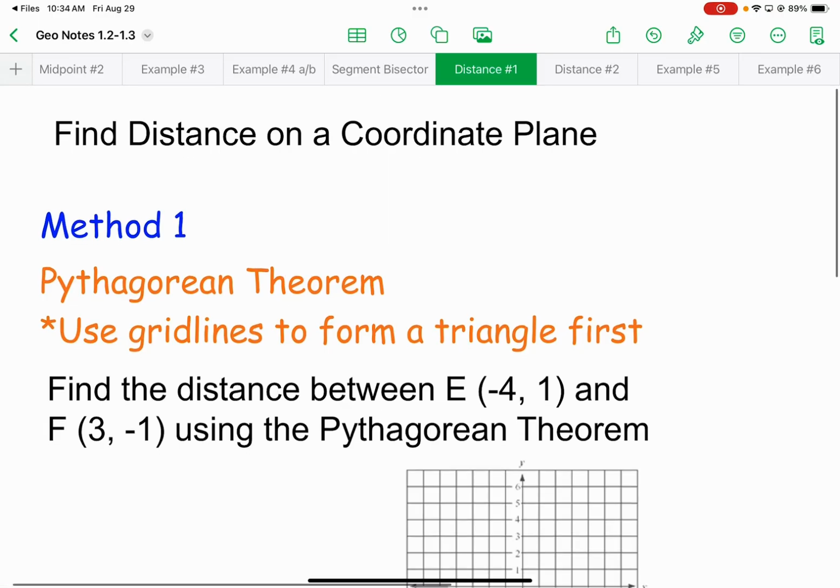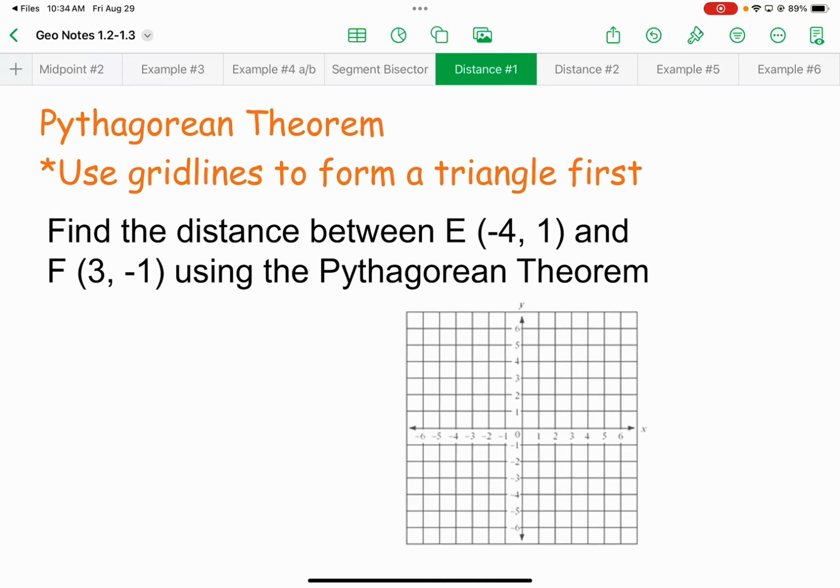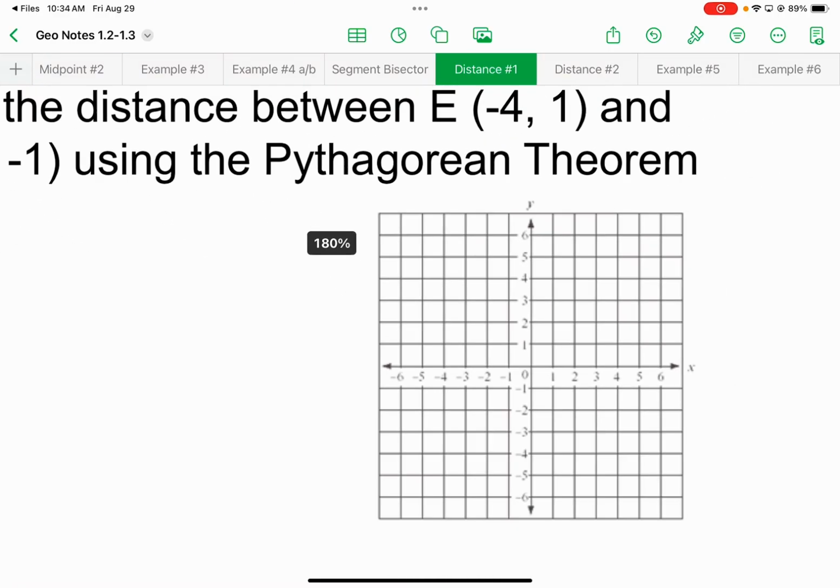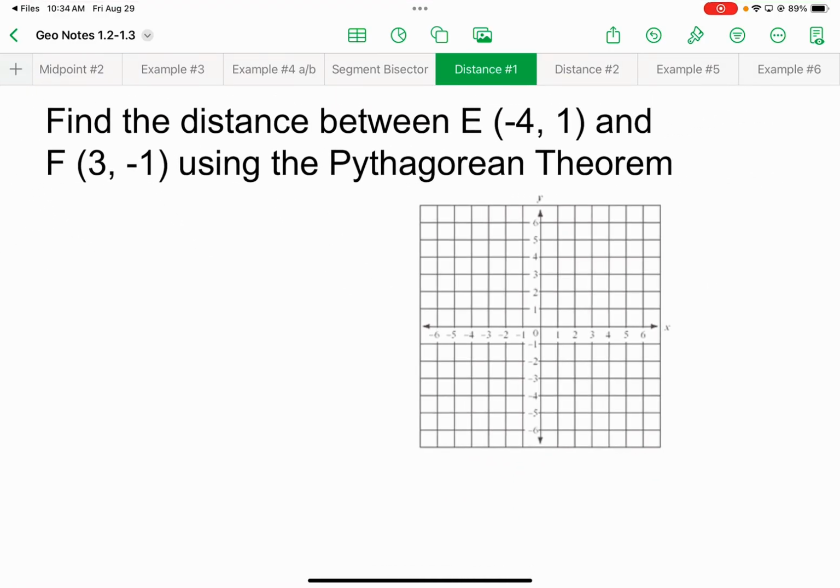So the first thing we're going to do is use Pythagorean theorem to talk about distance between some values. We have a coordinate point, -4, 1, and then 3, -1. We want to find the distance between the two, but we're going to do so using the Pythagorean theorem. You can't always do it this way, but I'll show you why this example works.